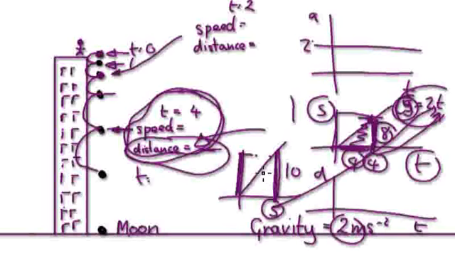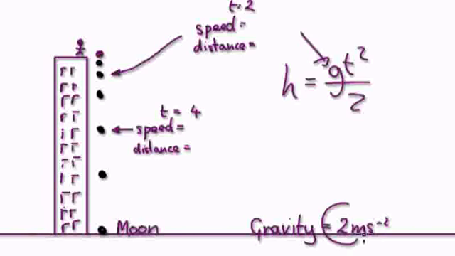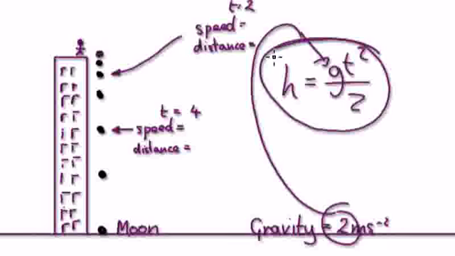Well, draw yourself a new diagram, or you can use that whenever you have a free falling object, you can use this formula here: h equals gt squared over 2. G in this case is our gravity. If I were you, remember this formula here. It's quite useful.